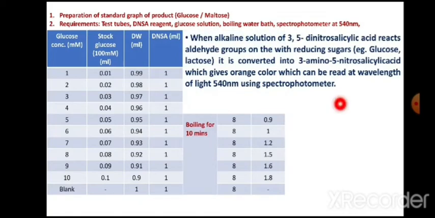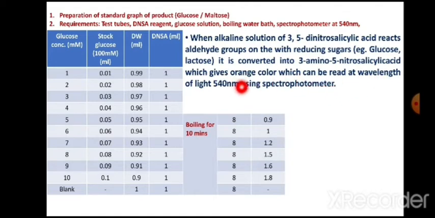Now first let us see the principle of DNSA. When an alkaline solution of 3,5-dinitrosalicylic acid reacts with aldehyde groups on the reducing sugar, that is glucose, lactose or maltose, it is converted to 3-amino-5-nitrosalicylic acid, which gives an orange color that can be read at a wavelength of 540 nanometers using a spectrophotometer.